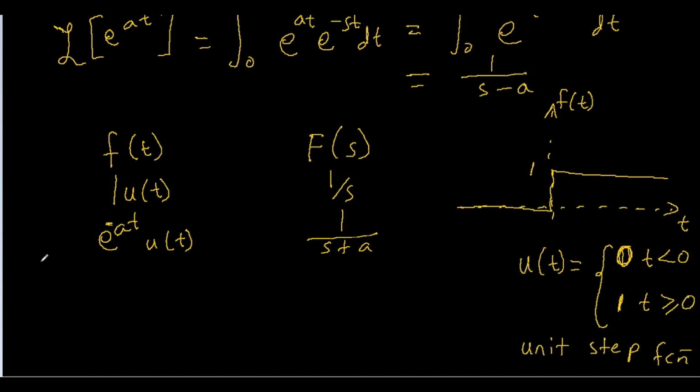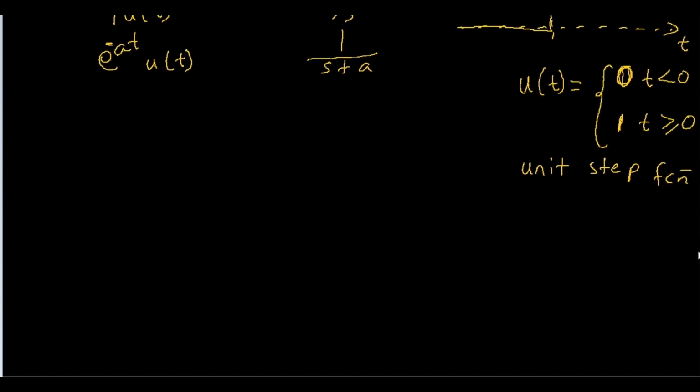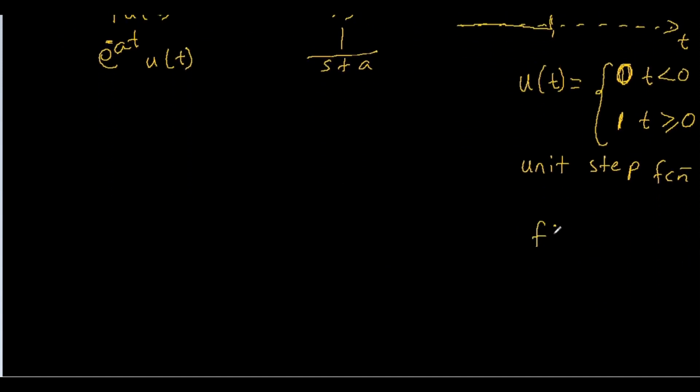In other words, if I have any function and I call it f of t, then f of t u of t is equal to 0 when t is less than 0, whereas when t is greater than or equal to 0, it is simply equal to f of t.